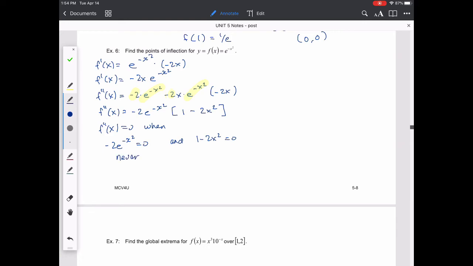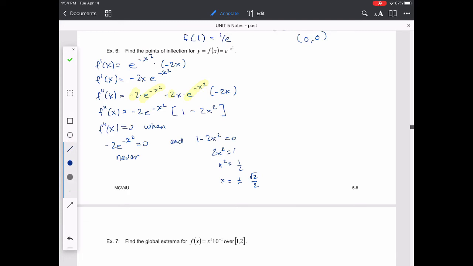And for the second one, this is going to be when we have 2x squared equal to 1, or x squared equal to 1/2, or x is equal to plus or minus root 2 over 2. Skipped a couple of steps there, right? It's really the same thing as saying plus or minus 1 over root 2. Then I rationalized it. I'm going to have to come up with a table so we can actually see if it actually works out.